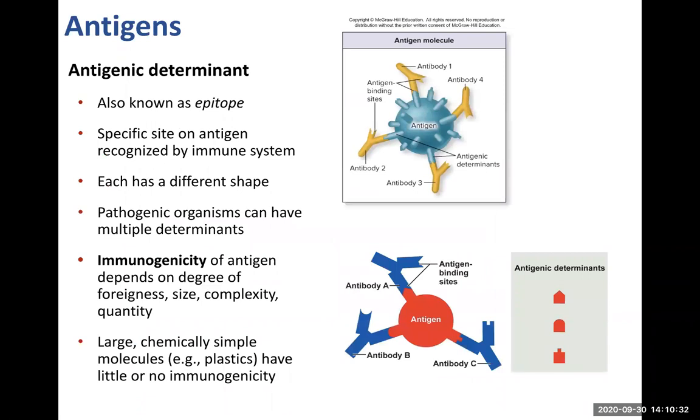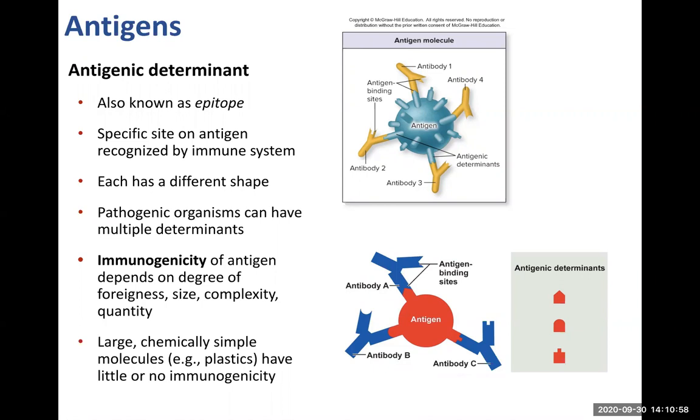Okay, so how do our T cells and our B cells recognize specific antigen? They recognize specific antigen by what is called the epitope. The epitope is a specific site or part of the antigen that the immune system binds to and recognizes.